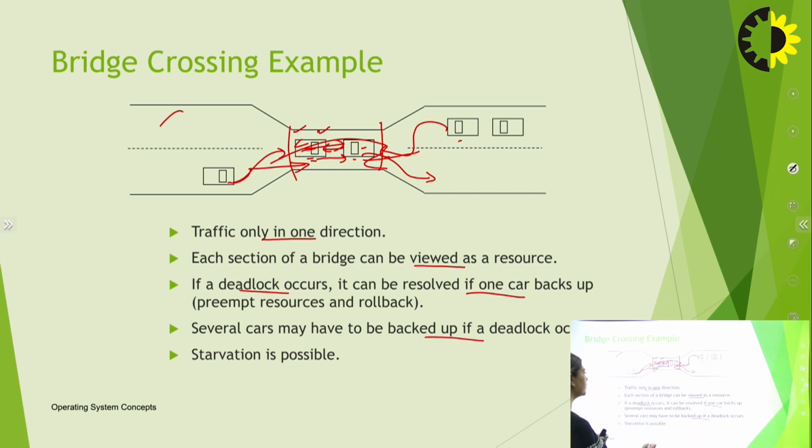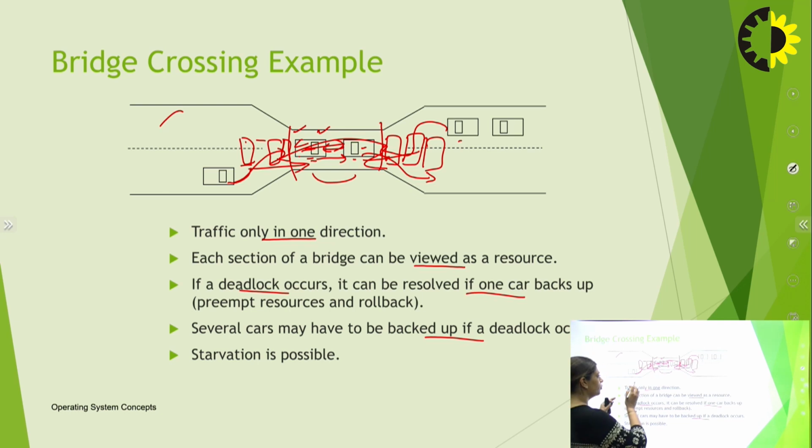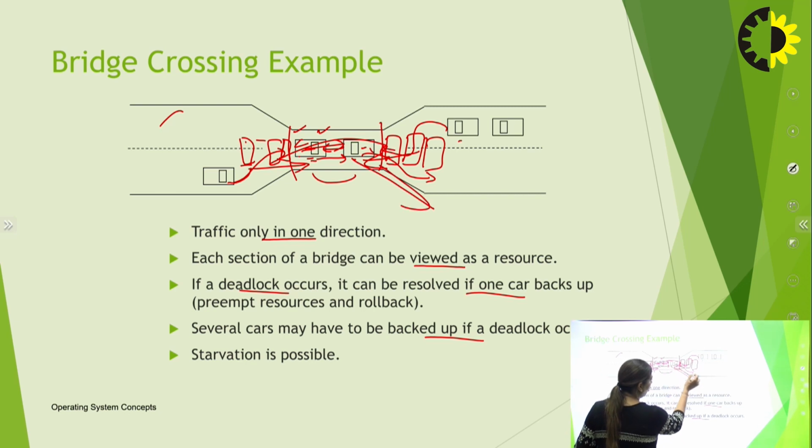Now there can be a situation, we have taken that these are two cars only, but there can be a situation when a number of cars are queuing up like this, and here also they are queuing up. Now if we want to make the system work, we have to roll back all the cars of one side, either this or this.